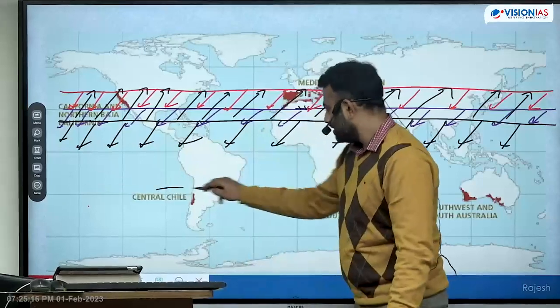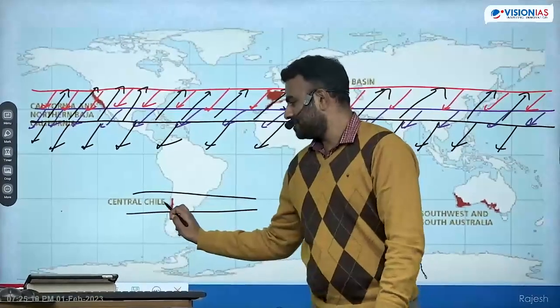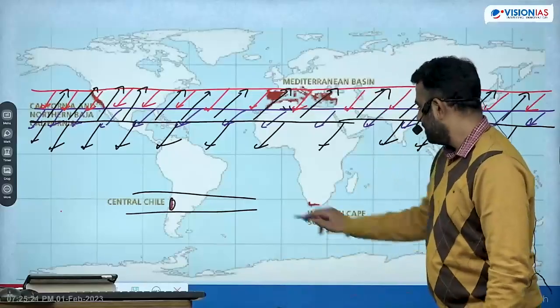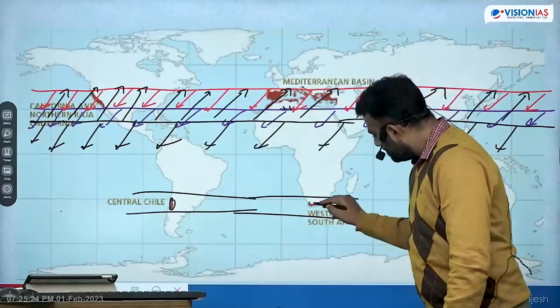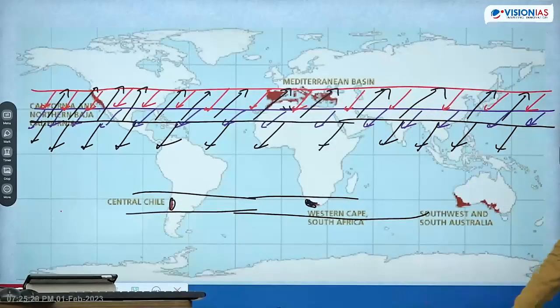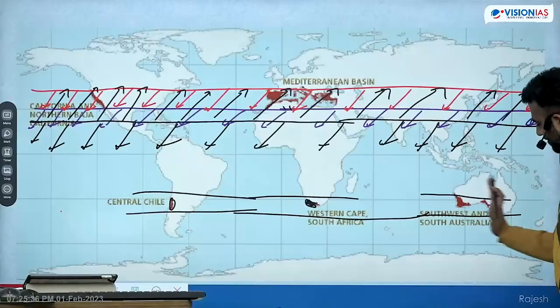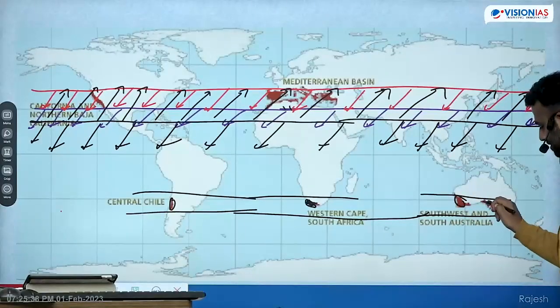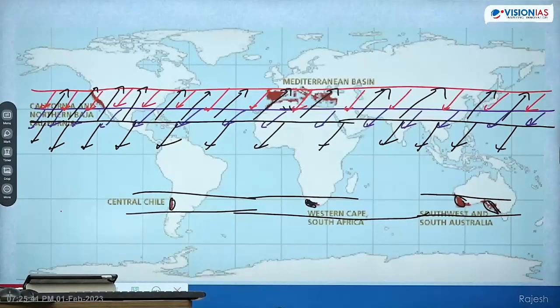Okay, same यहाँ पर भी warm temperate western margin, central Chile, warm temperate western margin, the southwestern coast of South Africa. यहाँ पर कौन से कंट्री, कौन सी प्लेस है? केप टाउन. Here also they have western margin, इसका वेस्टर्न मार्जिन और इसका भी वेस्टर्न मार्जिन. Southern and western Australia. All of these are Mediterranean type of climate.